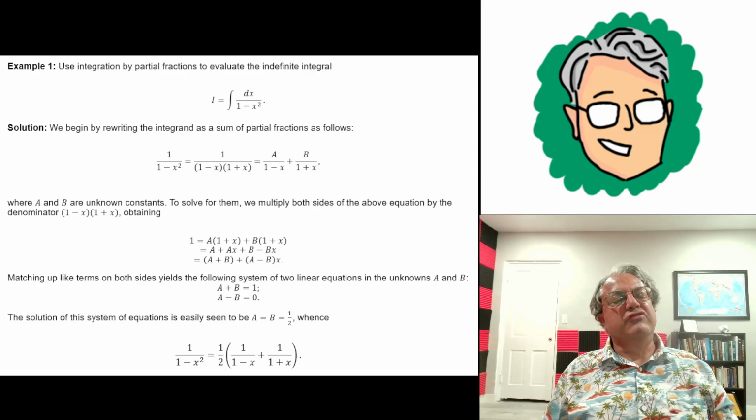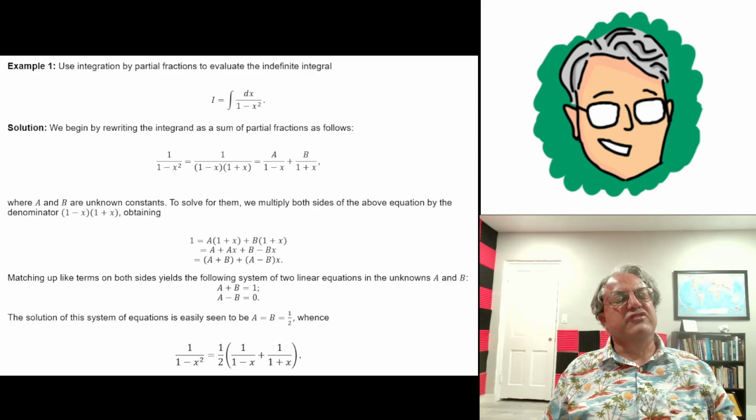So we can write the whole fraction as 1 over (1 minus x)(1 plus x), which has a partial fraction expansion of the form capital A over 1 minus x plus capital B over 1 plus x, where capital A and capital B are unknown constants.